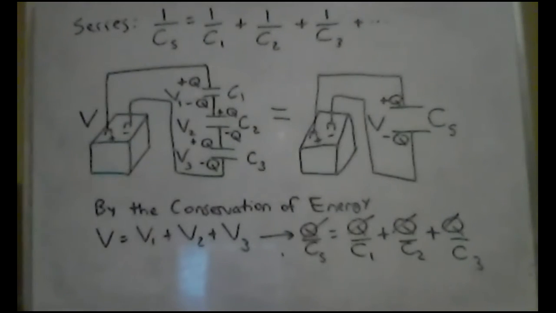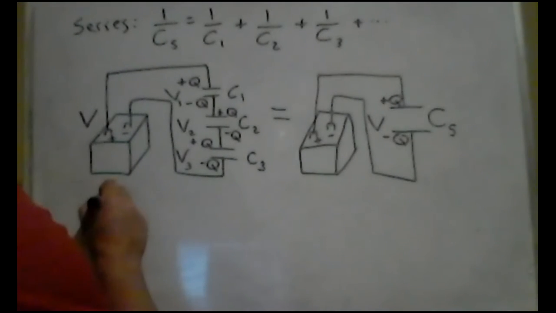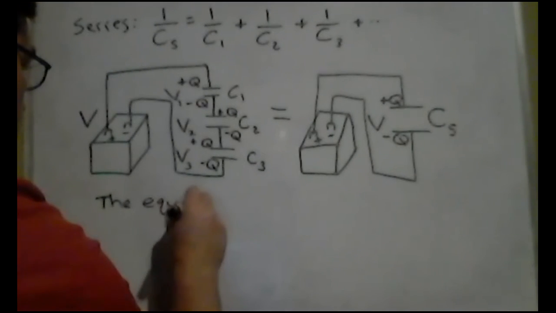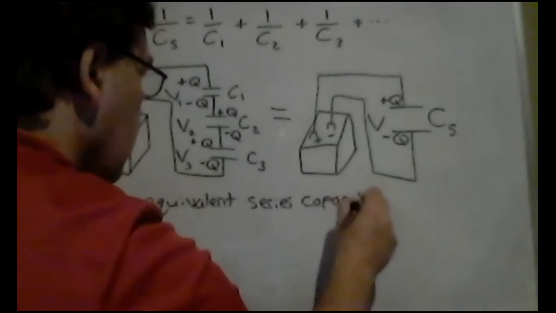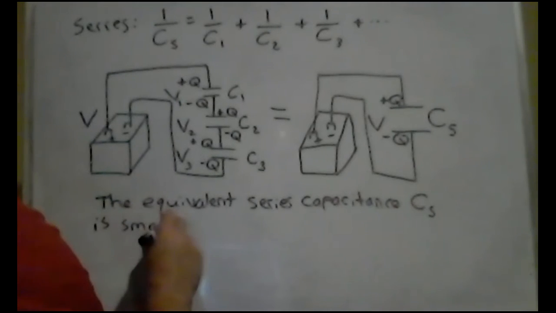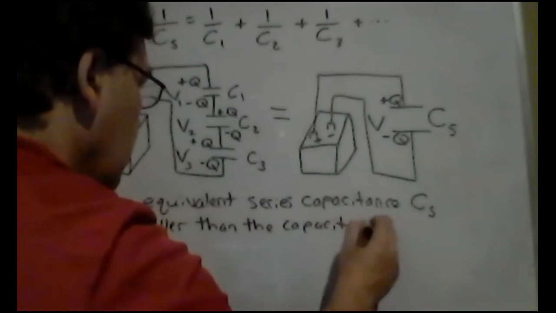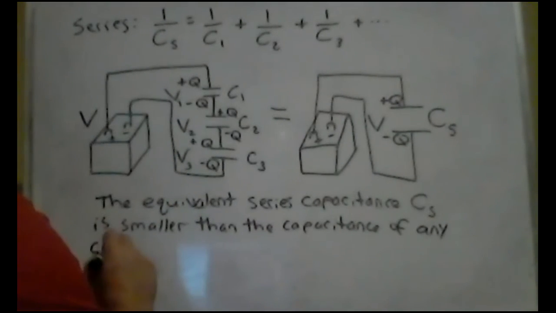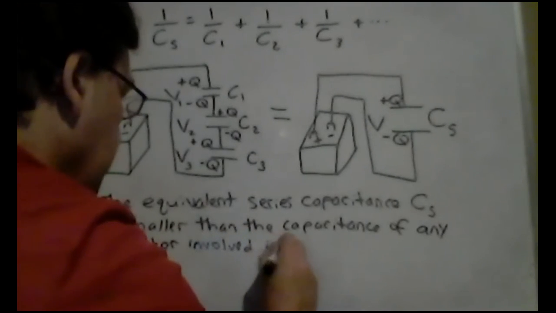That's one thing to keep in mind: when you add capacitors in series, the equivalent series capacitance C sub S is smaller than the capacitance of any capacitor involved in the series connection.